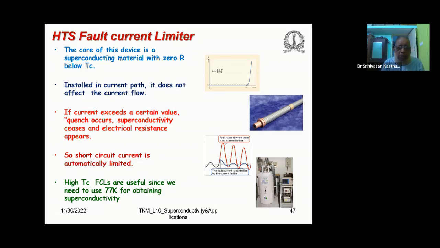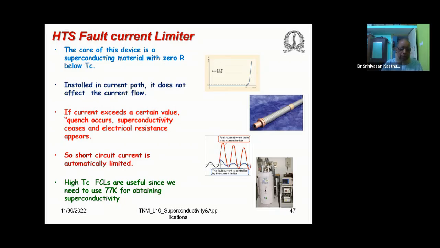Suppose the current exceeds a certain value, then quench occurs, because the material cannot take that much current, and the superconductivity is lost. Suddenly an electrical resistance appears, and because of the large resistance, the large current through that pathway is cut off. So the short circuit current is automatically limited by these fault current limiters.